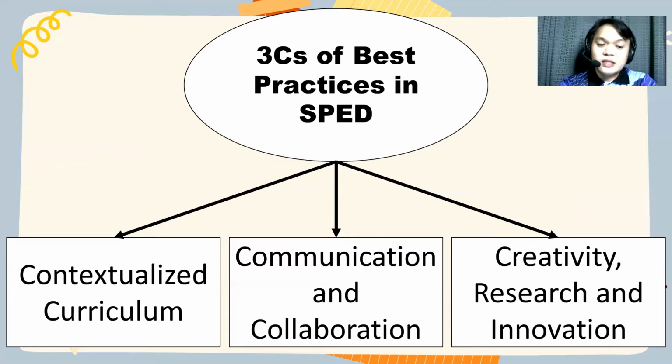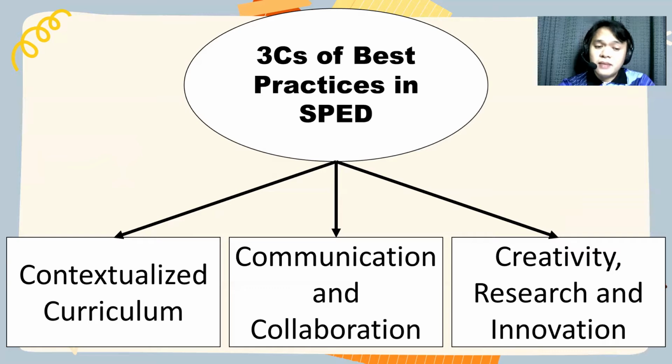The second C stands for communication and collaboration. We know for a fact that learning is not unitary. It is dependent on multiple factors. Aside from teacher factor, we also need to consider the environmental factor, motivation, moods, parental involvement, and a lot more.